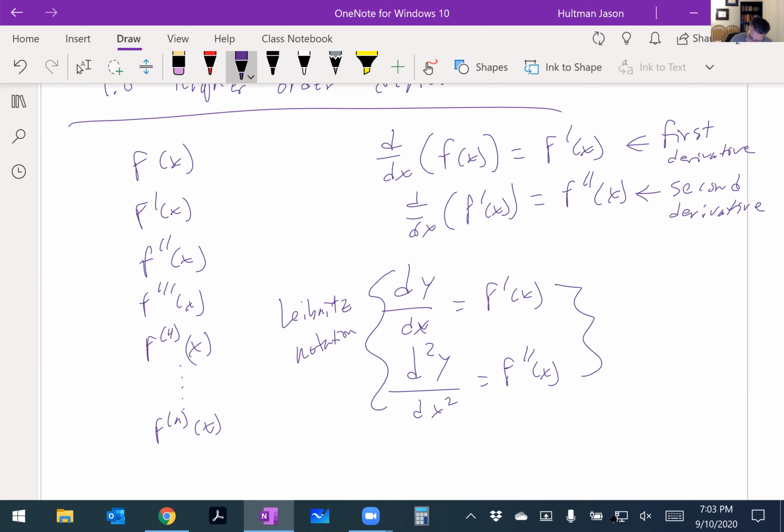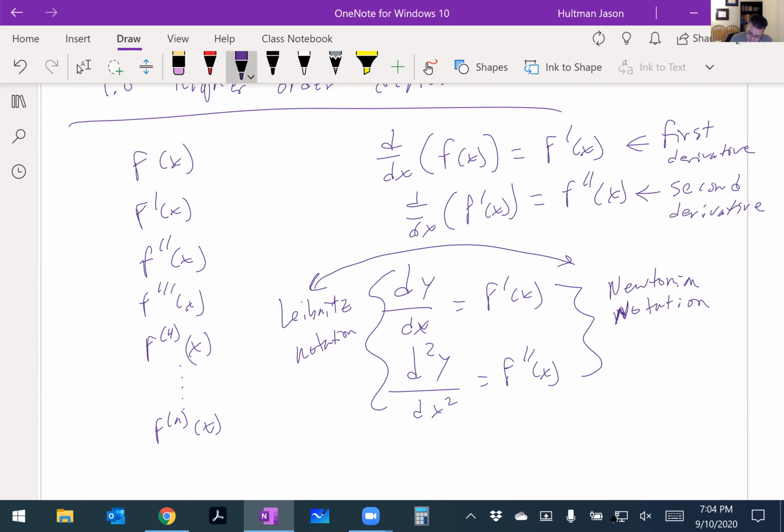This guy over here is Newtonian notation. So these two guys were bitter rivals.